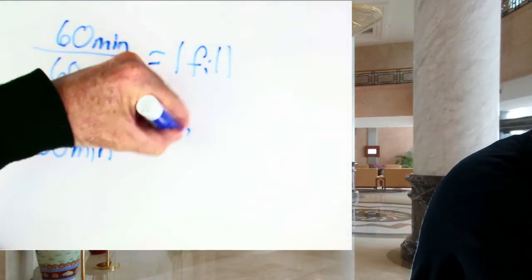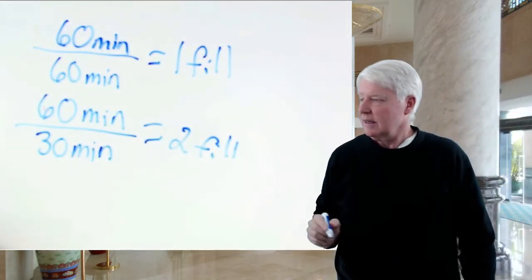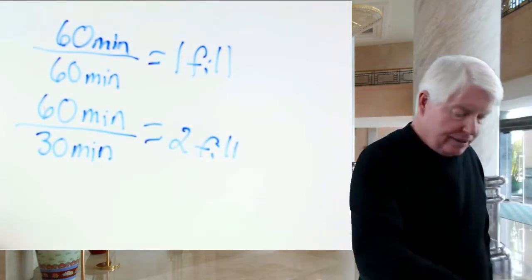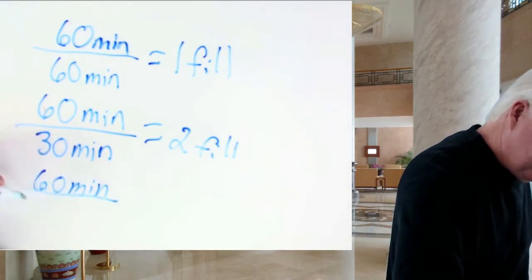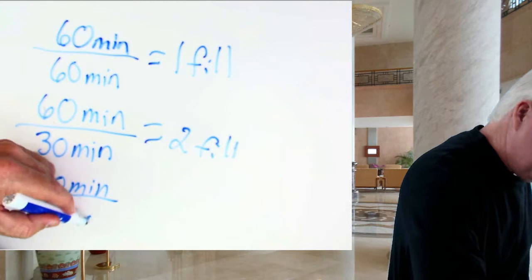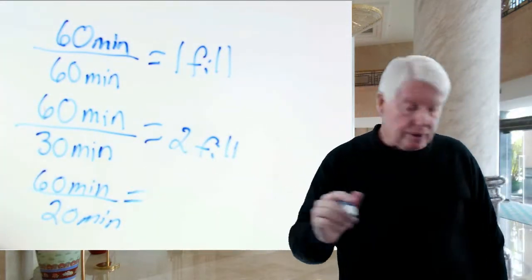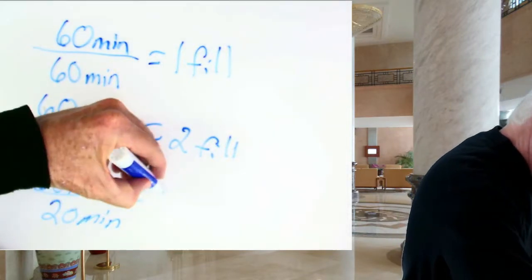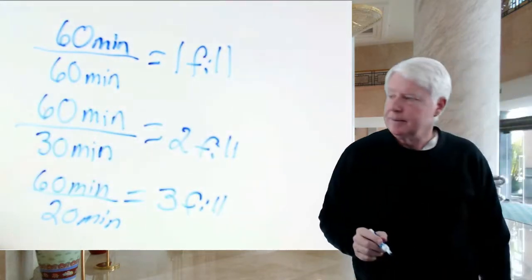So this one can fill it twice. And the other one was 20 minutes, so we have 60 minutes. And I can fill it in 20 minutes, so that hose is pretty fast. And 60 divided by 20 is 3, so I can fill it 3 times, 3 fills.